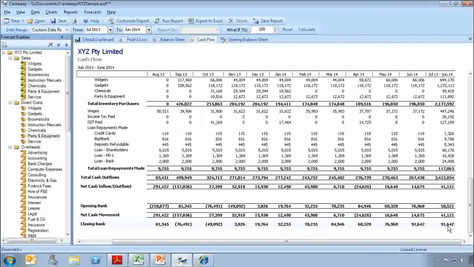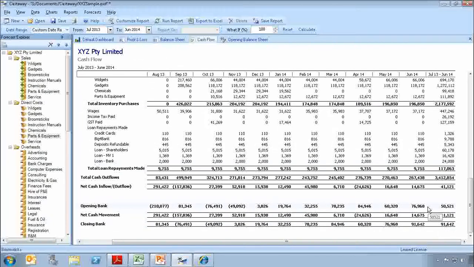Now, we haven't got the 153 in there because there's been other things that have come out, such as bank loan repayments, payments drawn by shareholders, etc. But what we've done is we've found a way, based on existing profit that we've budgeted for, how we can improve our bank balance.